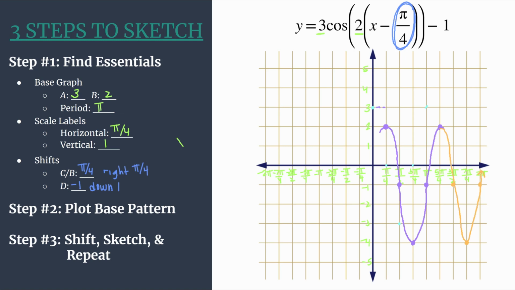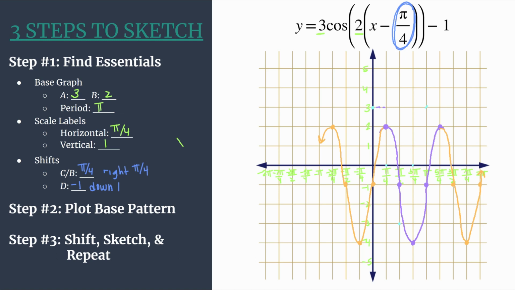And let's go into the negative direction as well. So you see we have now a y-intercept at negative 1. That's a midline point. We have a minimum, another midline point, and a maximum. So we just sort of worked that cycle backward. All right.